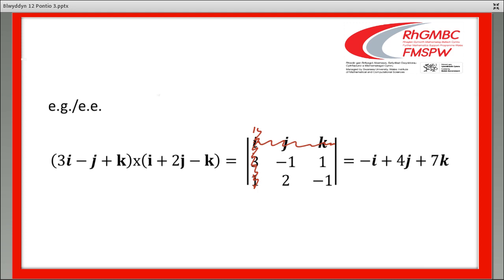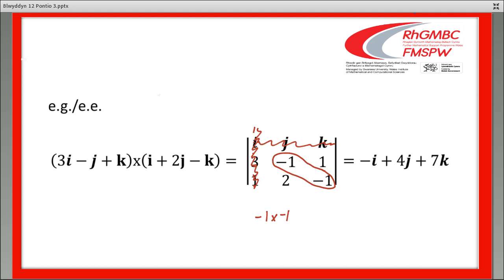How do I get the number in front of I? Well, from your work you did on 2 by 2 matrices, you multiply those two together. Minus 1 times minus 1. Let's just change colour. We'll go to a nice shade of blue.